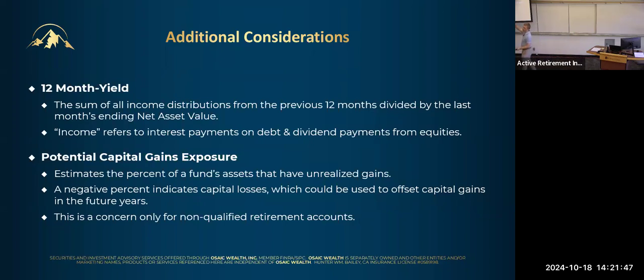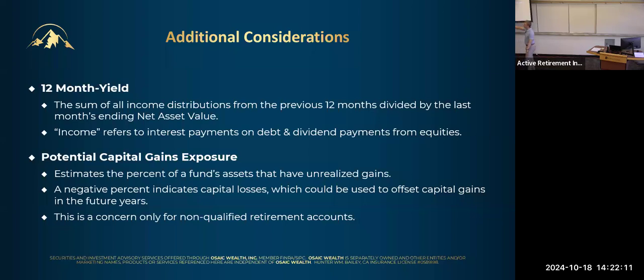So it's just a fancy way of saying dividends for funds, and that includes everything that comes out as income. Again, income refers to interest payments on debt and dividend payments from equities. In some other funds, like derivative income funds, that can also be option premiums and swaps and all sorts of fancy stuff that we're not super worried about right now.